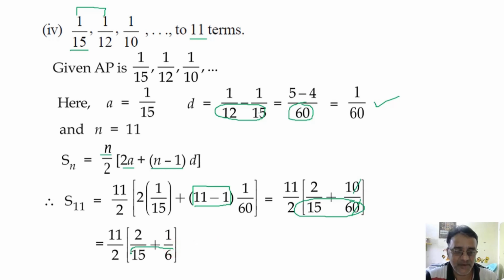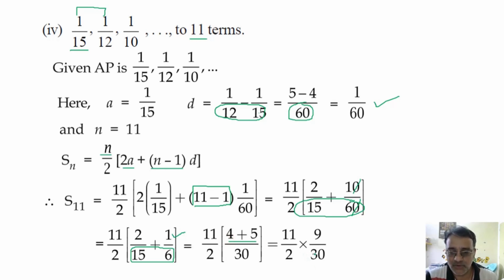And the LCM of these two is what? 30. So multiply this by 2 and this by 5. We will get 4 plus 5, that is 9/30. Here we can cancel. 3 threes are 9 and 3 tens are 30. So we get 33/20. This is the final answer.